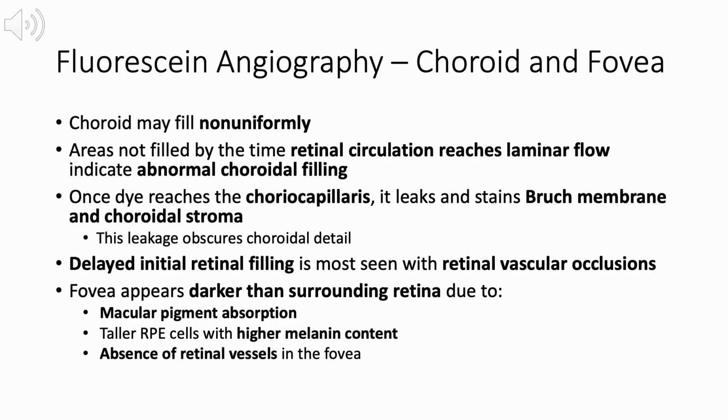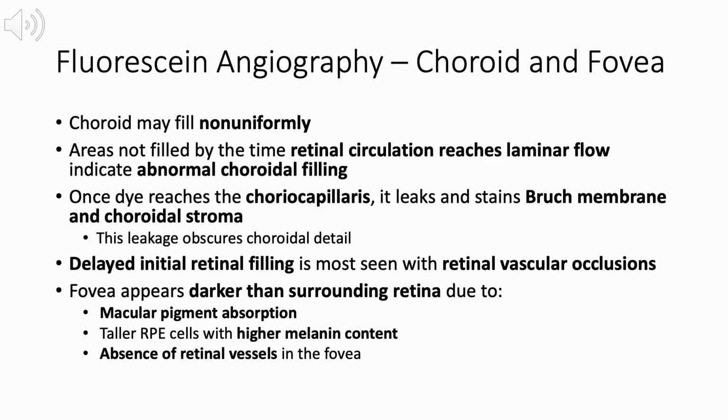Once fluorescein reaches the choriocapillaris, the dye leaks freely and stains Bruch membrane and the choroidal stroma. This leakage rapidly obscures fine choroidal detail, which explains why assessment of choroidal perfusion is limited to the earliest phases of the angiogram. In contrast, delayed initial filling of the retinal circulation is most commonly associated with retinal vascular occlusive disease.